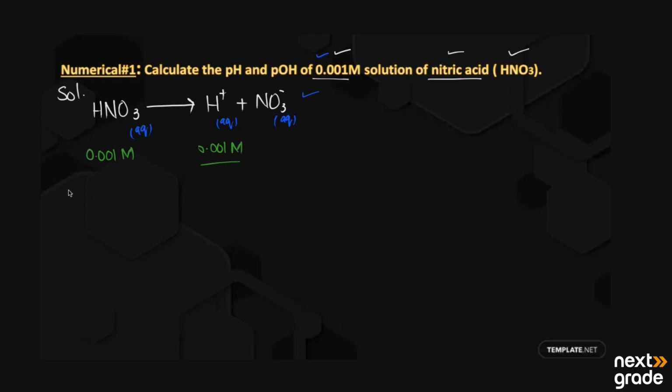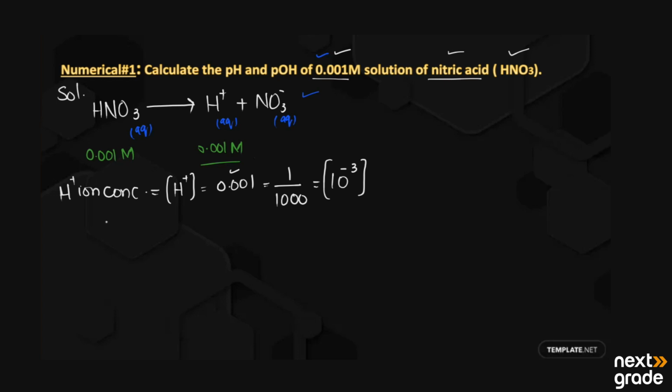The hydrogen ion concentration, H positive, is 0.001 molar, which we can write in powers as 10 raised to power minus 3.